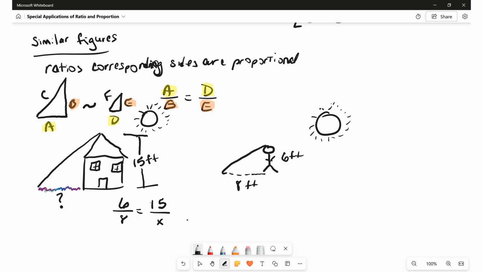So now when we multiply this through, we're going to get that 6x is equal to 120. And then that's going to give us that x is 20. So we need to go out with this shade grass seed about 20 feet away from the house. Okay. All right.